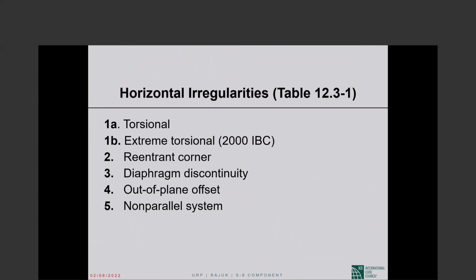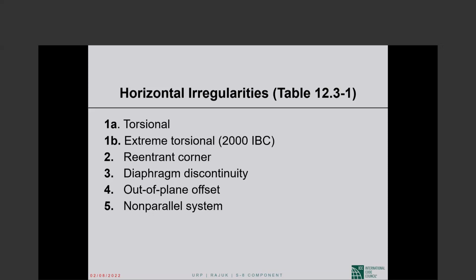So if you have torsional irregularity, the table will tell you, go to the section that has restrictions on analysis procedures. And when you go there, you will see that you have to do dynamic analysis. The static analysis will not do, for instance.